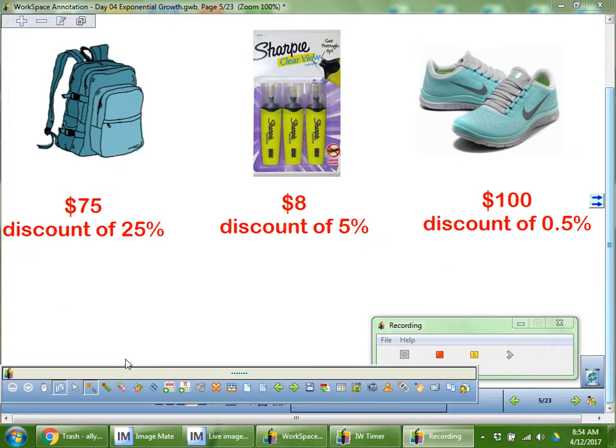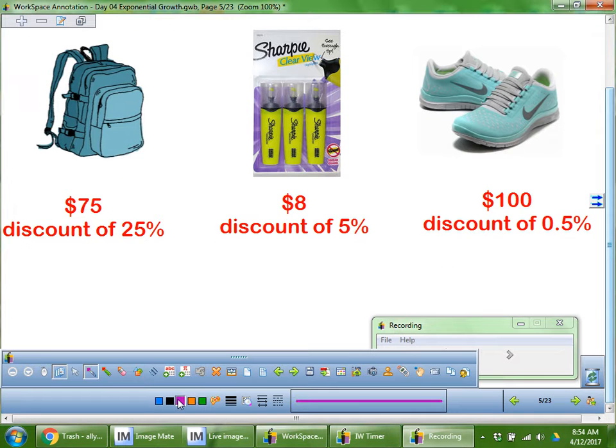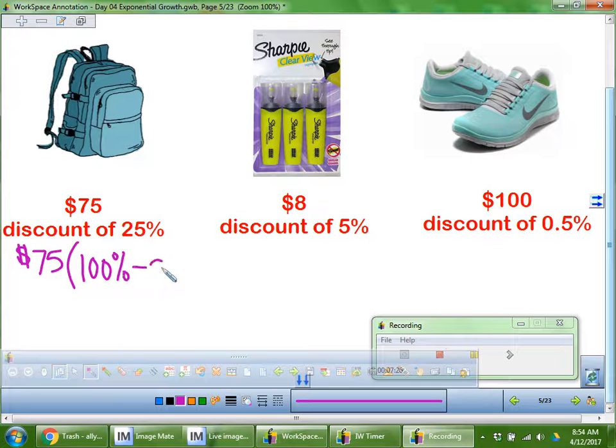So if you were to do a discount, we would subtract. So we're not going to pay 100% of 75. Right? 100% would be full price. We're going to pay 25% less, right? So if we're paying not 100%, what percent are we actually paying? We're paying 75%.